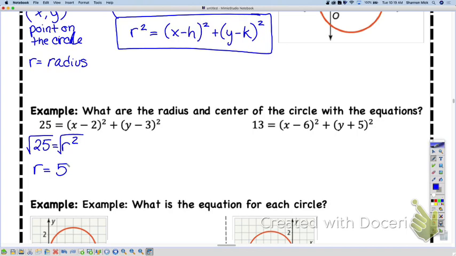Then it says, what's the center? Well, the center, I'll write it here. The center was what again? (h, k), wasn't it? Okay. So the center, what's the h? 2. What's the k? 3.